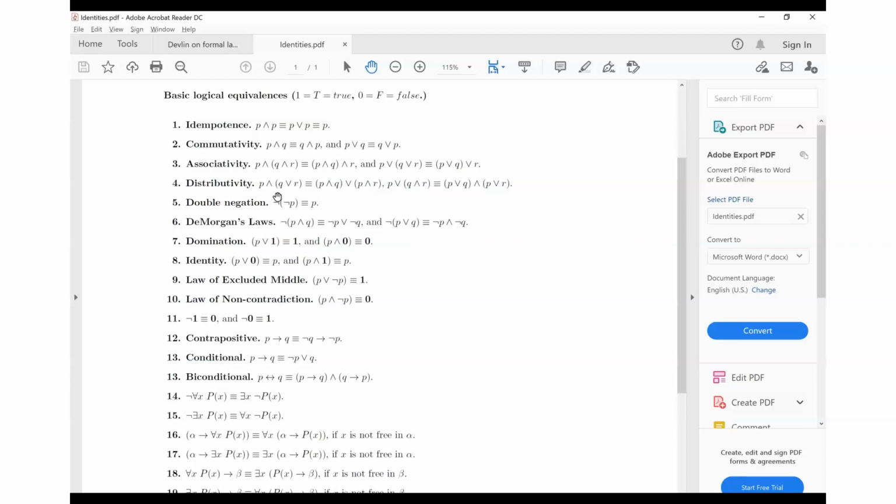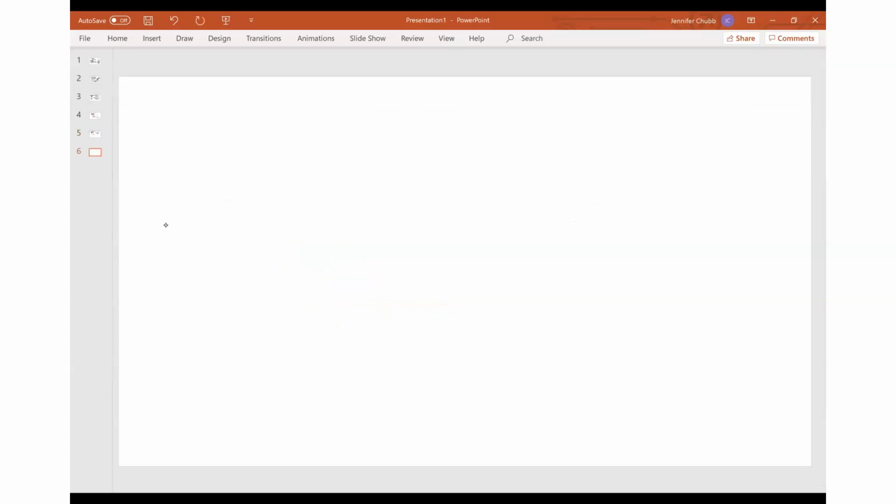With the understanding that you can go and read through this list carefully later, let me show you how one of these algebra things might work. We can use equivalences to do algebra on propositions.